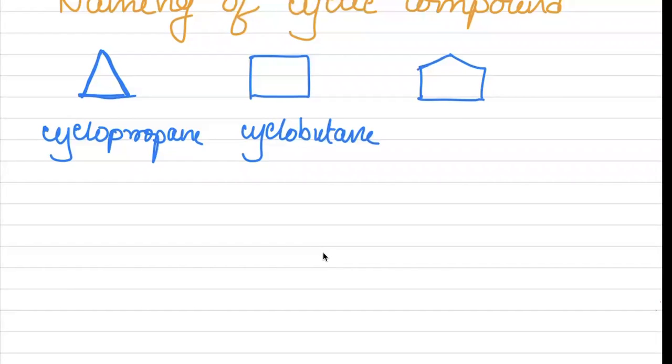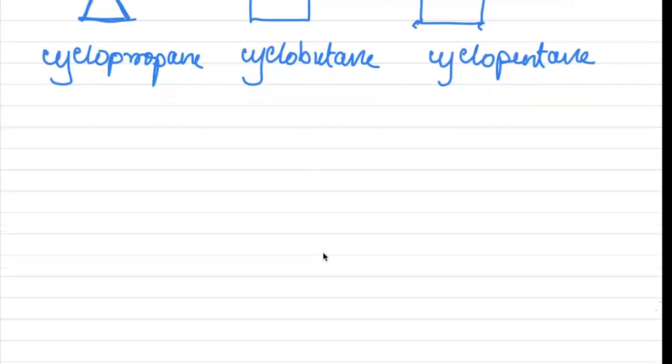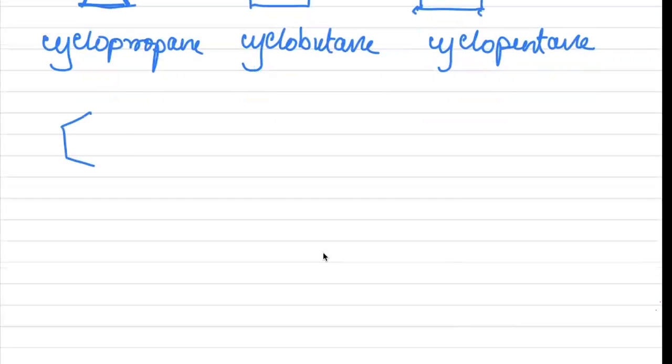Now next, see, there are 5 carbon atoms, 2, 3, 4, 5. Yes, its name will be cyclopentane, because only single bonds are present. So that's why cyclopentane.